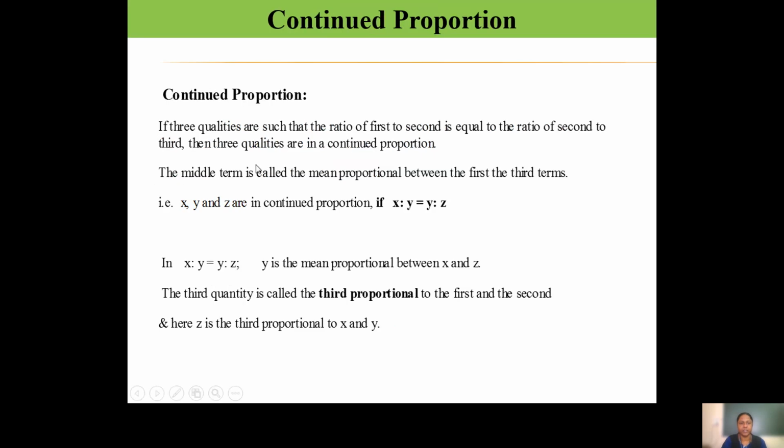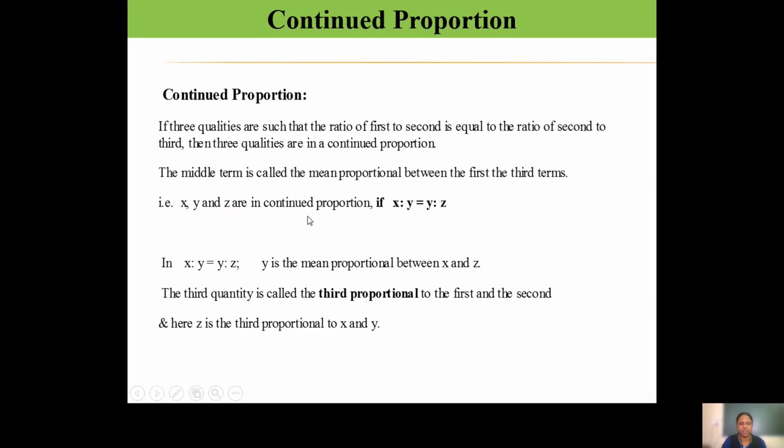Next is continued proportion. Simply, just like a ratio, we have the concept of continued proportion. If three quantities are such that the ratio of the first to second is equal to the ratio of second to third, then these three quantities are said to be in continued proportion. Here the middle term is called the mean proportional between the first and third terms.